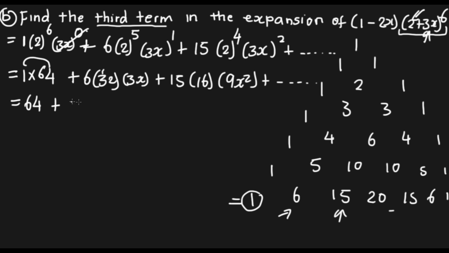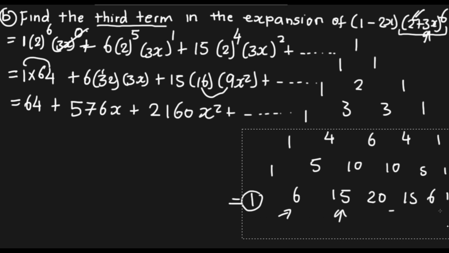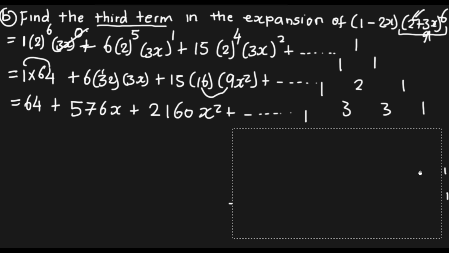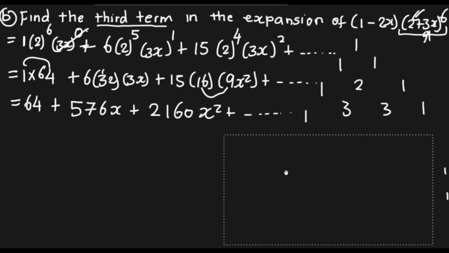I'm getting 576x, plus, 16 times 9 is 144, times 15. So I'm getting 2160x squared, plus dot dot dot. So at this point, we have done expanding this part according to the position that we want.